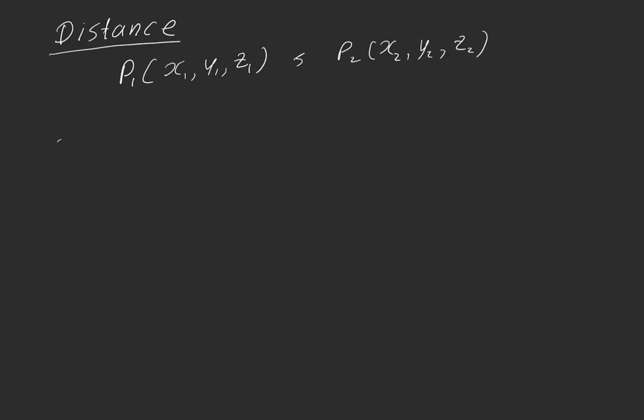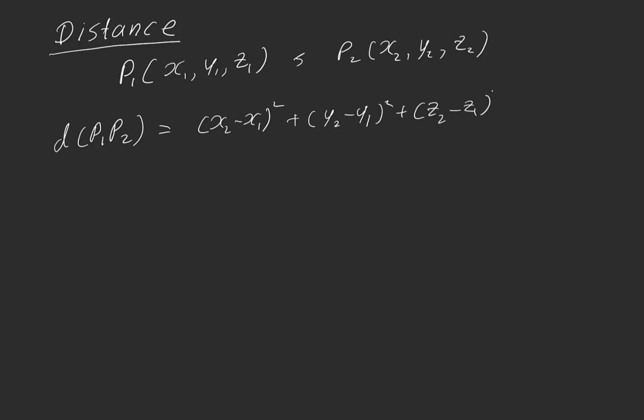Then the distance between P1 and P2 is the square root of (x2 minus x1) squared plus (y2 minus y1) squared plus (z2 minus z1) squared. So this is the distance between two points in space.